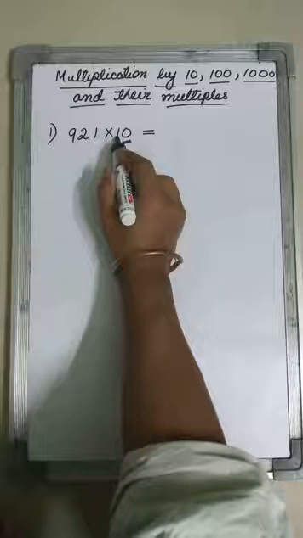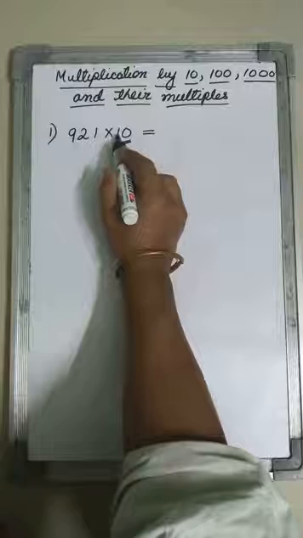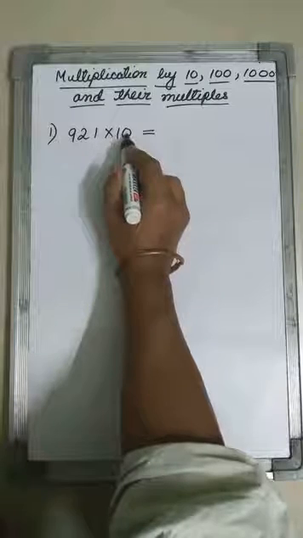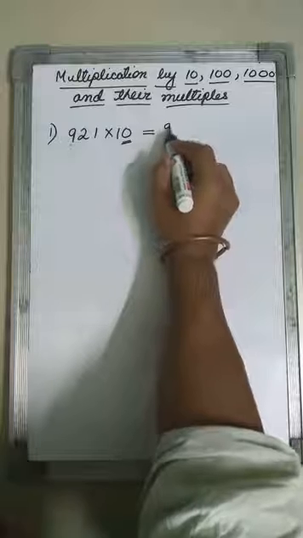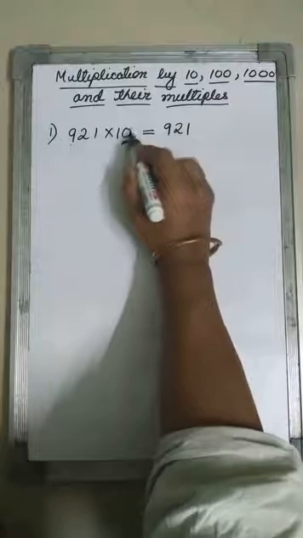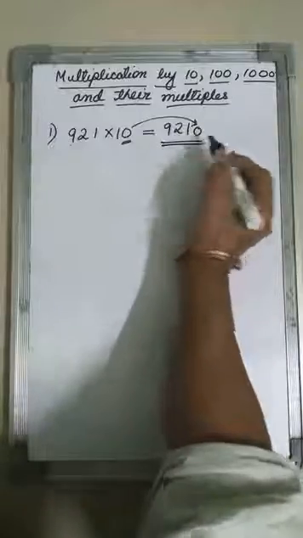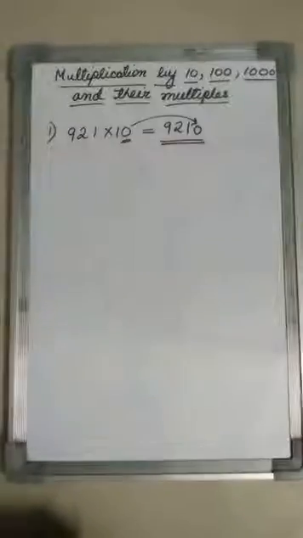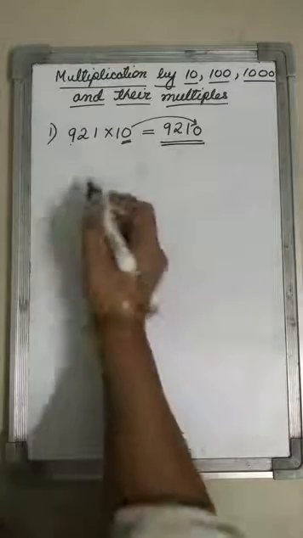You have to remember this: in 10, after 1 we have 0. So what I have to do? Whatever number, I write this 0 here. This is the result, the shortest way to find the multiplication.